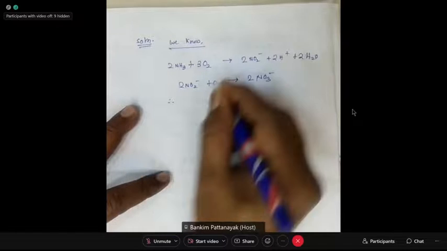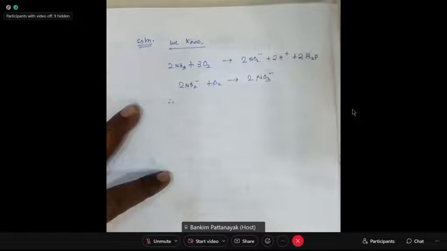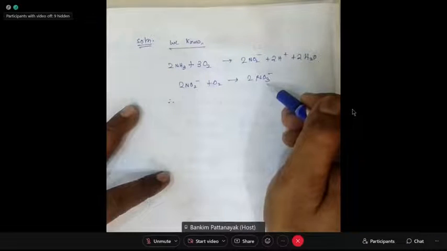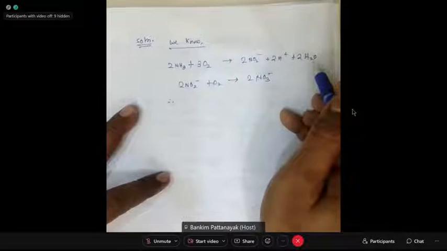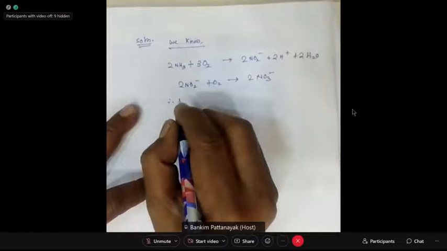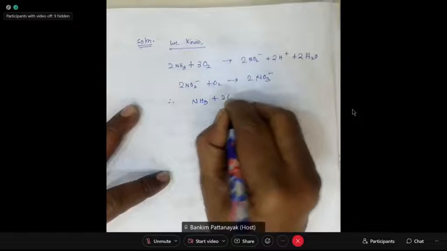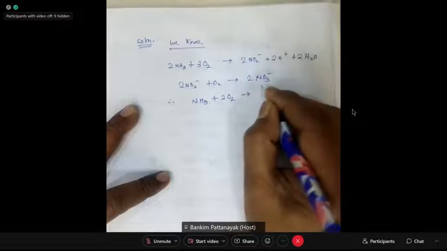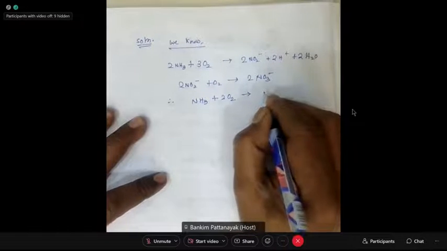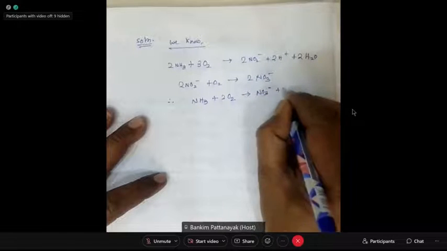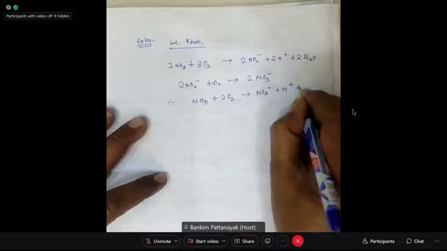Therefore, combining these two equations, we can write 2NH3 plus 2O2 gives rise to NO3 minus plus H plus H2O.